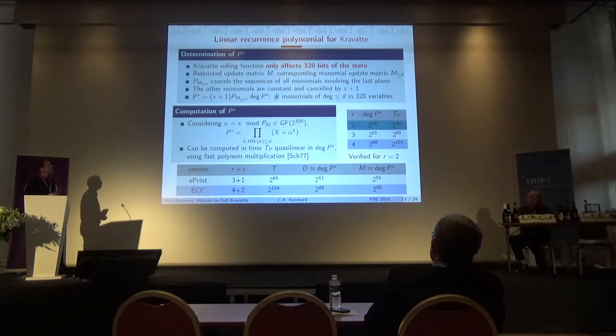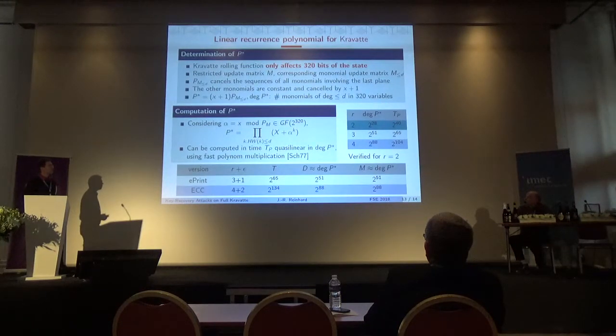If you take the product of these two polynomials, you get a polynomial that cancels every monomial. The degree of this polynomial is the number of monomials of degree less than d in 320 variables. This polynomial can be computed using a fast multiplication algorithm, by using the rich algebraic structure of the matrix.